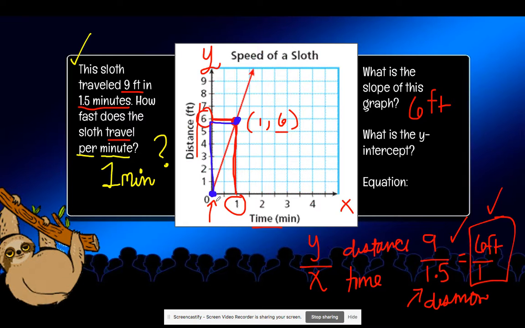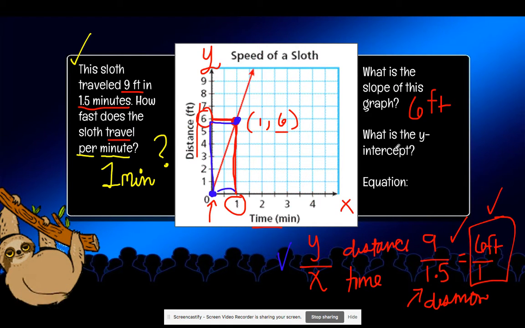But actually it's not 2 because of the increments. This is why I don't want to go the slope route by doing the triangle, because a lot of kids would put 6 over 2, and this is wrong. Because it's actually at an increment of 1. See? The distance from 0 to this point is 1. So it's 6 over 1. And therefore, that's why I prefer to do y over x.